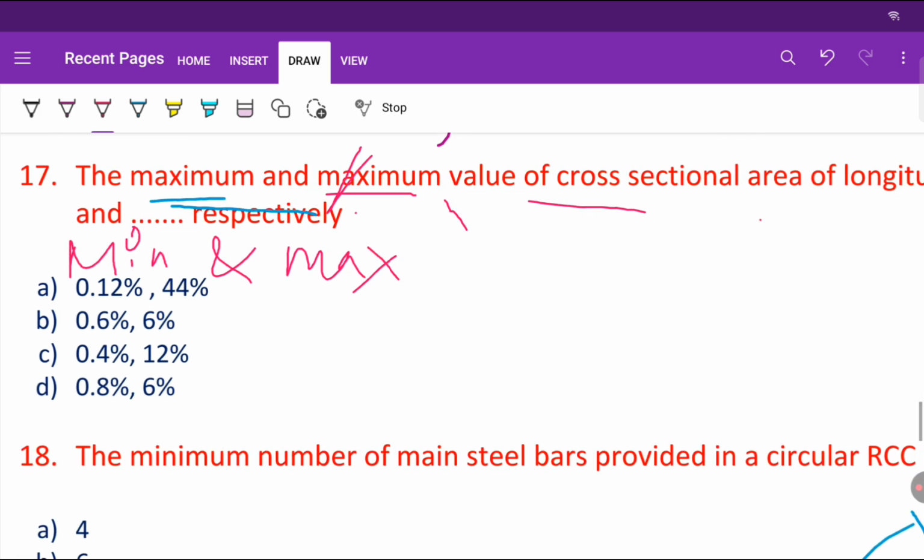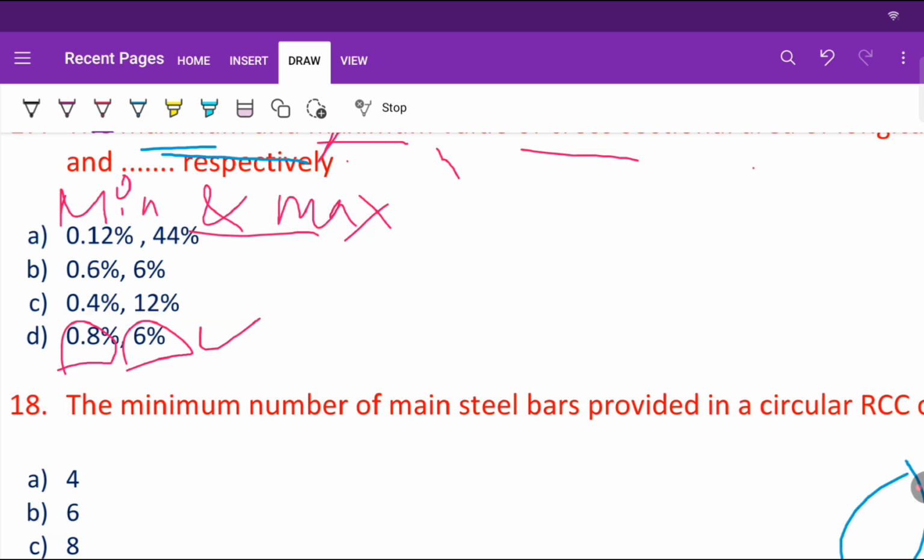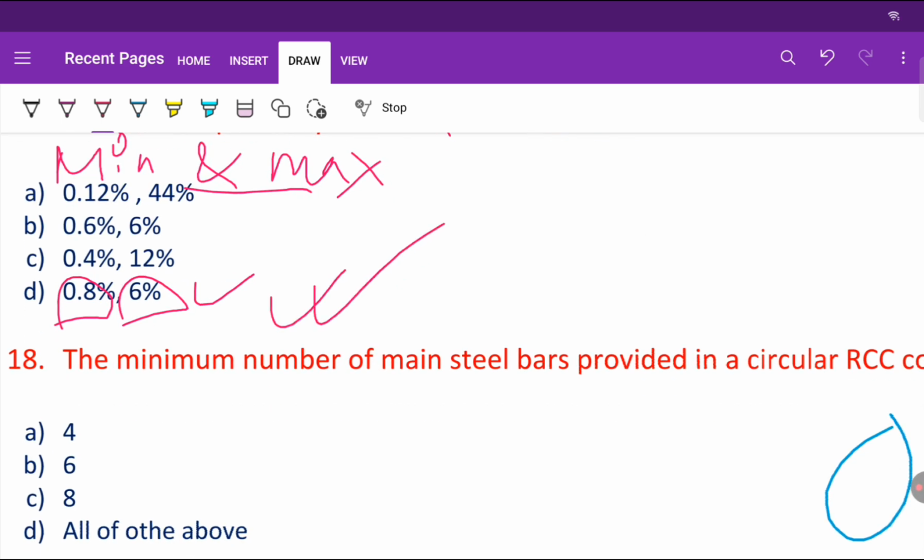The minimum is 0.8% and the maximum is 6%. This is the correct answer, remember.